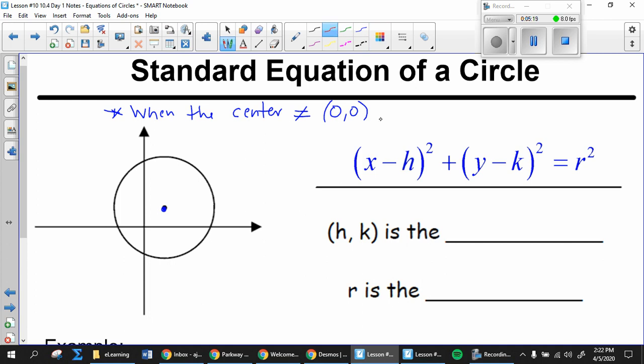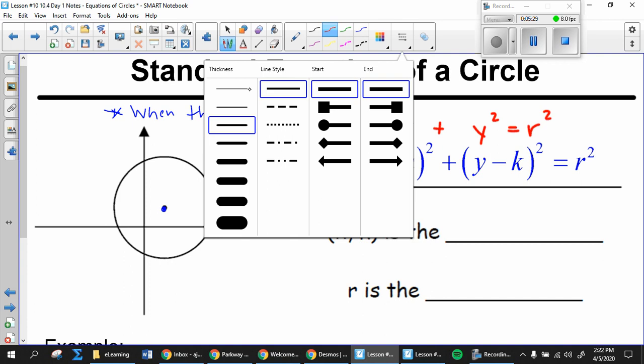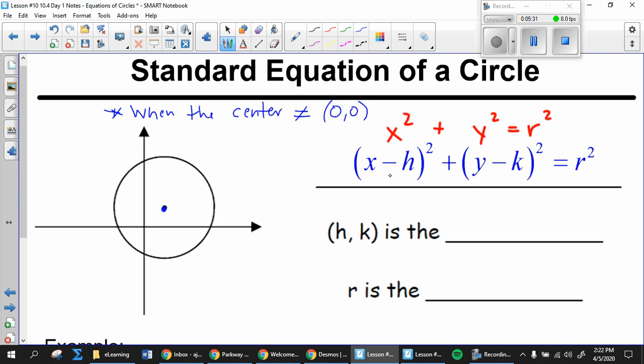So instead of just being x squared and y squared, where our center is at the origin, 0, 0, now we're looking at when that center is shifted, and that shift occurs by using this h and this k. The h and the k simply tell us wherever the center is.